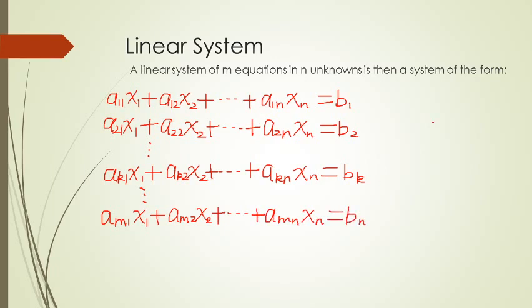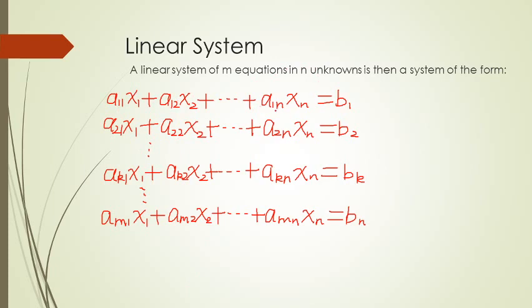So be careful of the subscripts for all those aij's. You will notice that we have two-digit subscripts for the a. The first digit denotes in which equation. So for the first equation, the first digits are all ones.